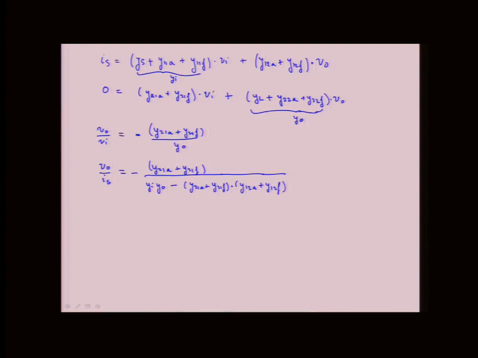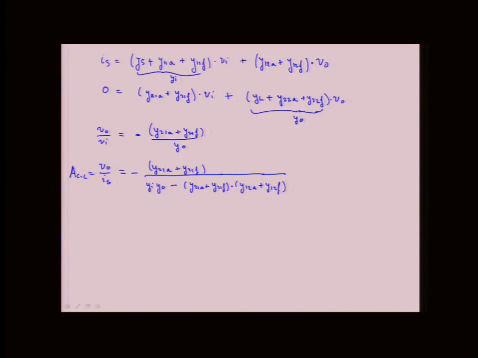Now we want to massage it a little bit. This is essentially what we used to call closed loop gain, right? We're dividing the output voltage by the input signal value, which is IS. But we want to put it in some form that's very familiar to us. It should be a form like A over 1 plus AF.